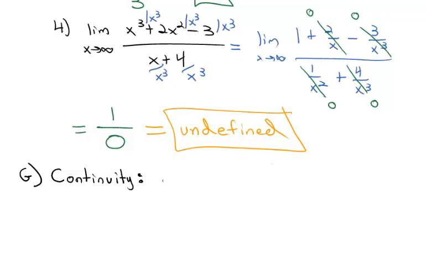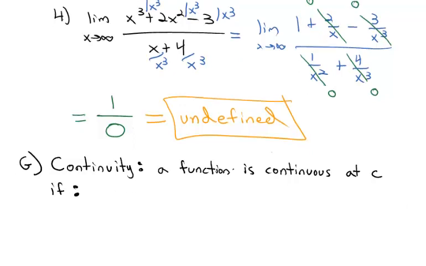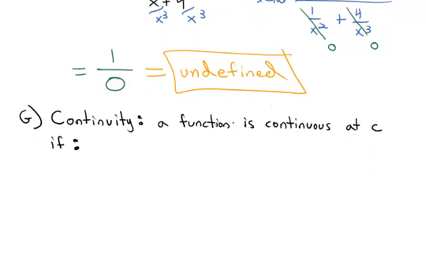But basically, a function is continuous at C, at some number C, if two things are true.